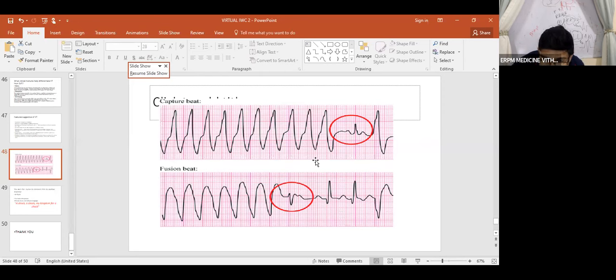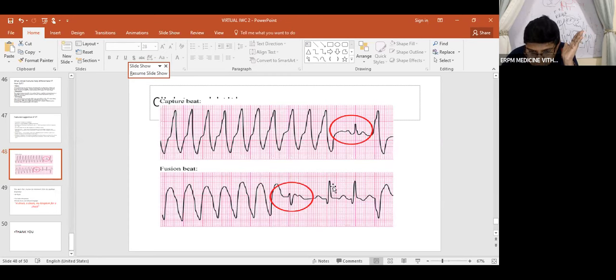Sometimes, guys, look here, a VT beat and a normal beat can join and produce a new wave. This is called a fusion beat. These are VT beats, these are normal beats.